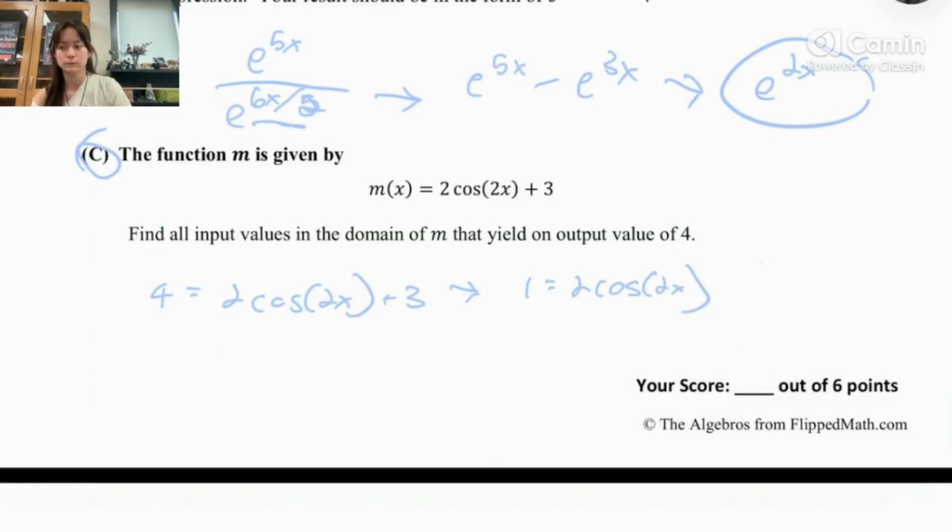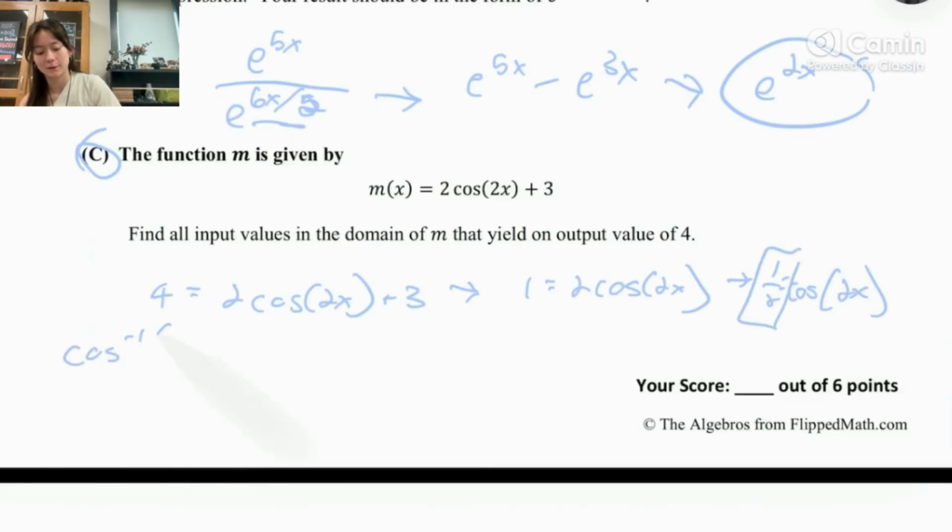Divide that by 2, so you get 1/2 equals cosine of 2x. And then you can do inverse cosine to get the value that 1/2 would be in this situation. So cosine inverse of 1/2.